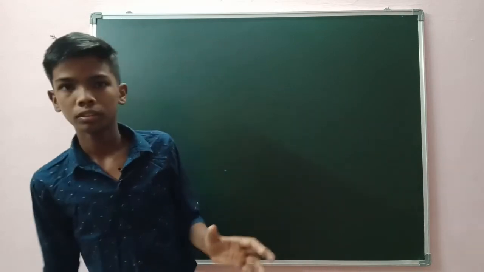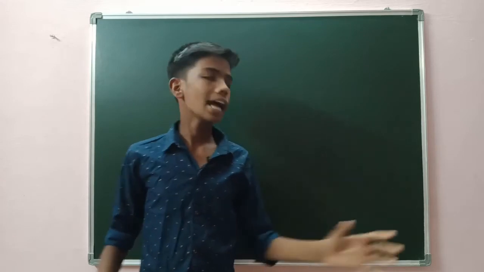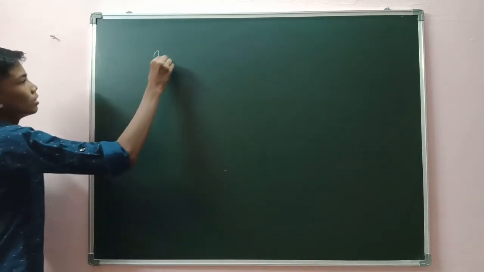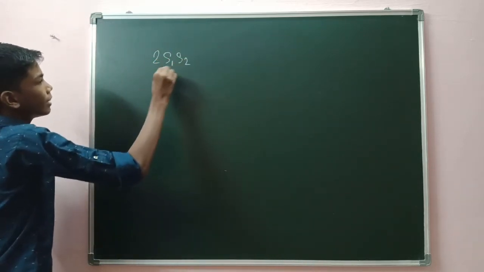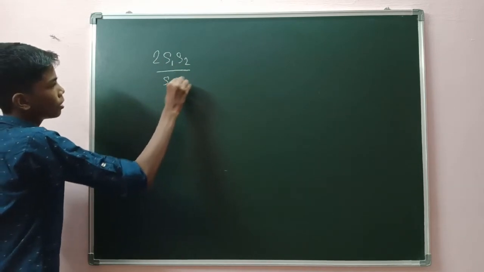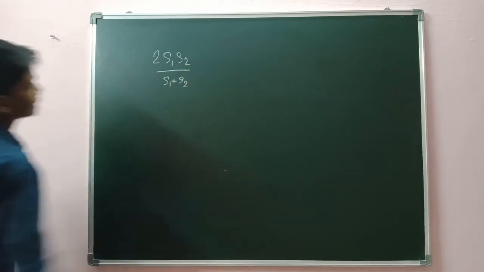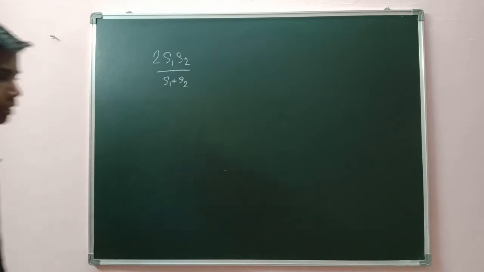Actually, as I said, that formula is nothing but 2 into S1 into S2 by S1 plus S2. That's the formula to find the average speed.